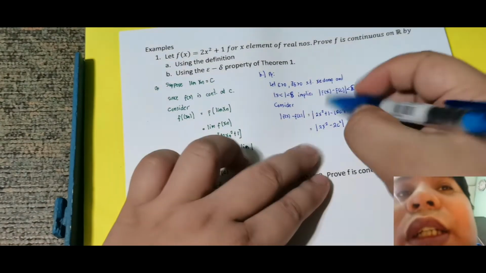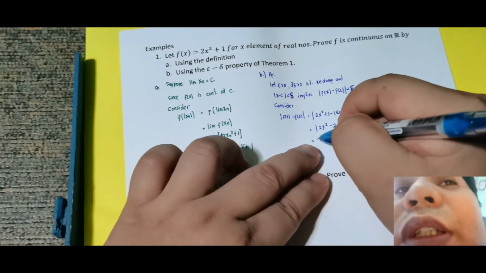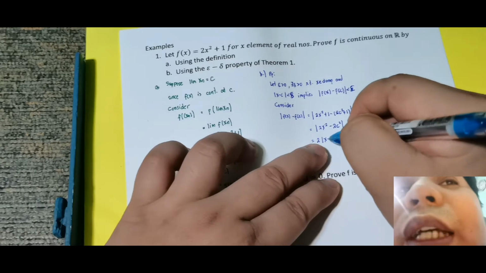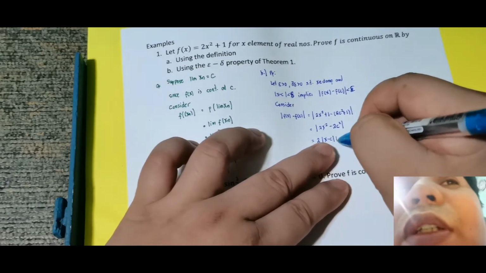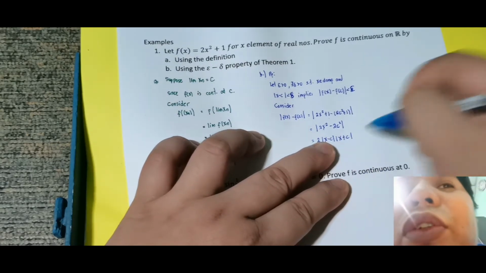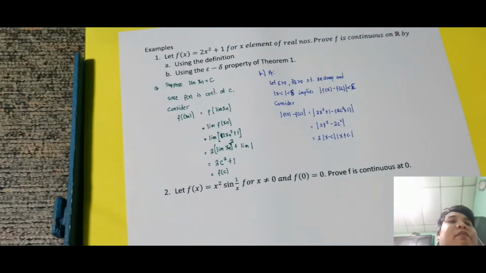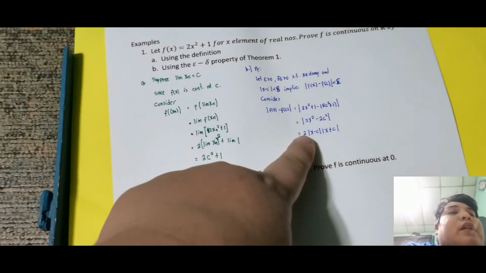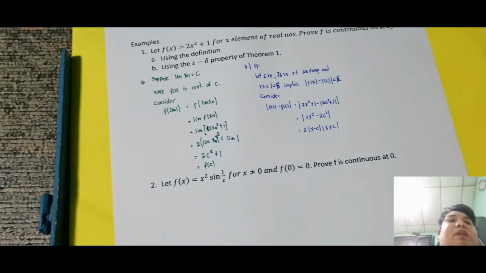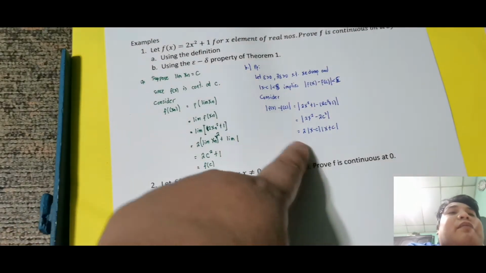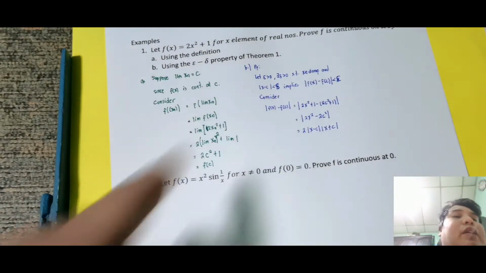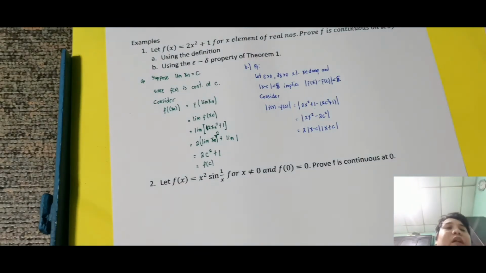Then, factoring, this is 2 times x minus c times x plus c. Note that we have x minus c. What is the value of x minus c? It is supposed to be delta.